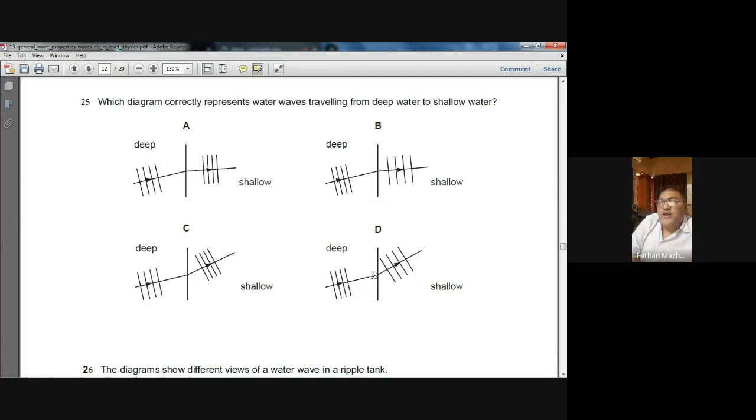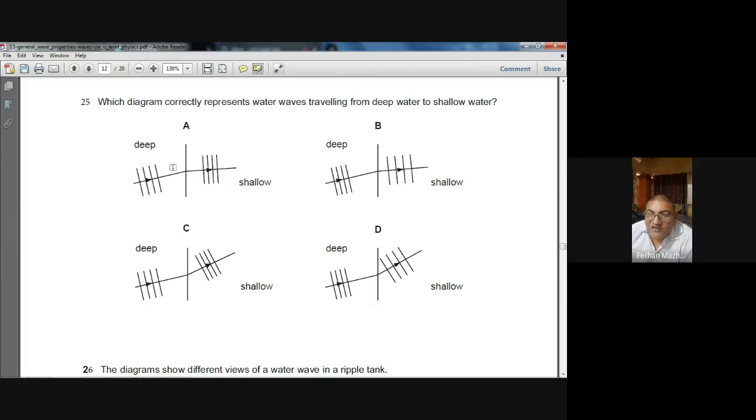The second point is that when water waves move from deep water to shallow water, they bend towards the normal. In option C, if I draw a normal here, you can see it has bent away from the normal.